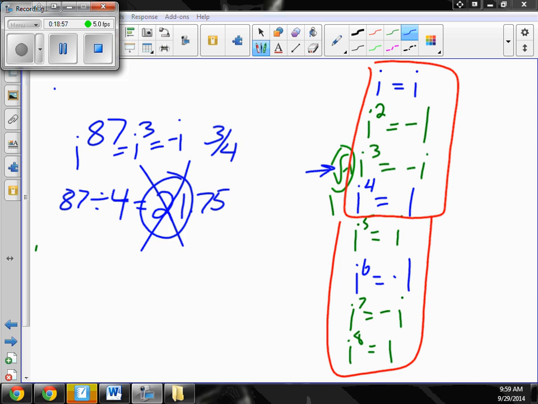Okay, so if that didn't make sense to you, let me write it a different way. As 87 remainder 3. Very nice. We went in 21 times.